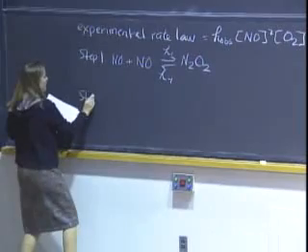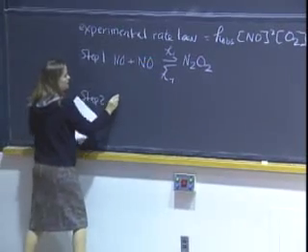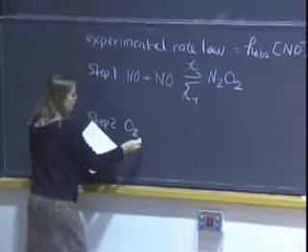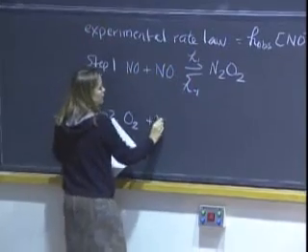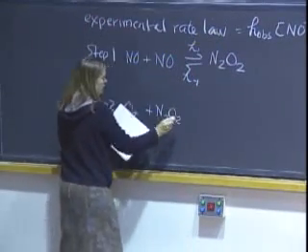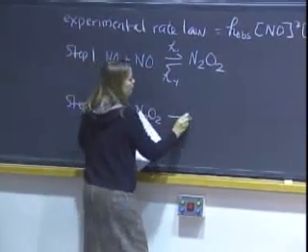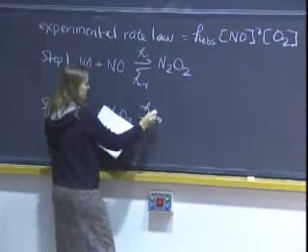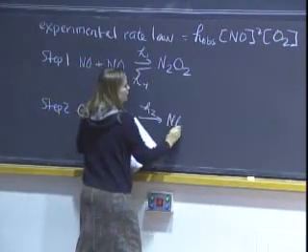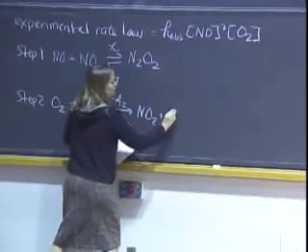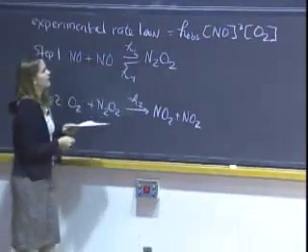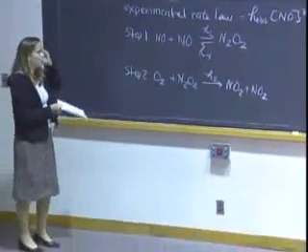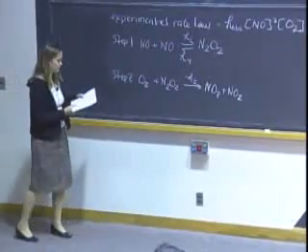In the second step of the reaction, oxygen comes in and interacts with the intermediate N2O2 and forms, with a rate constant K2, two NO2s. And that will give us our overall reaction.